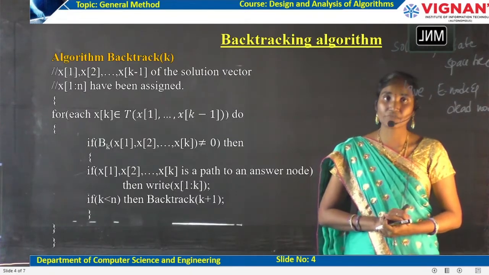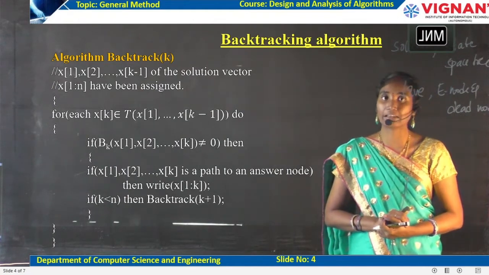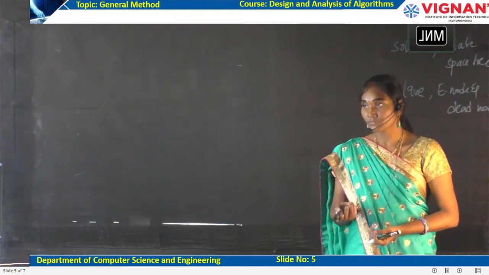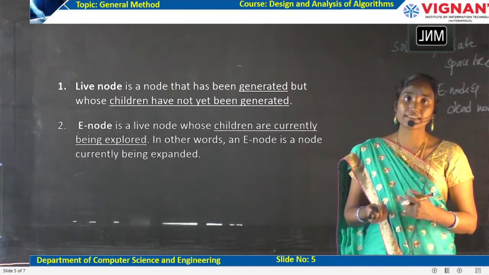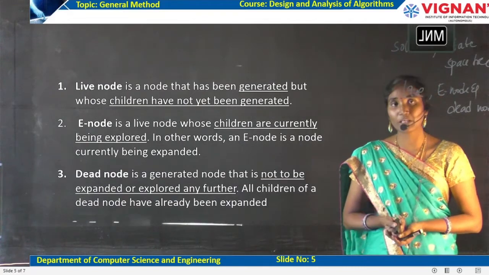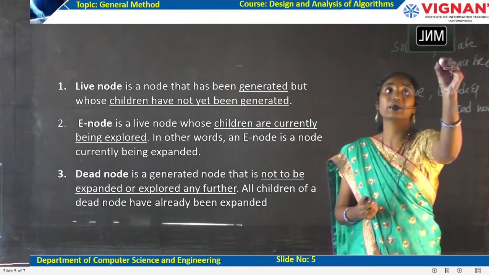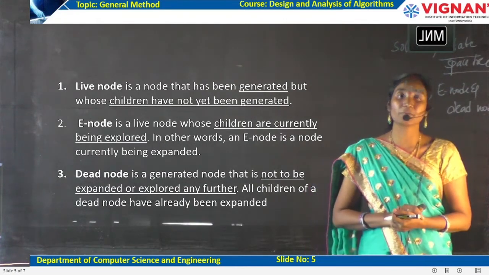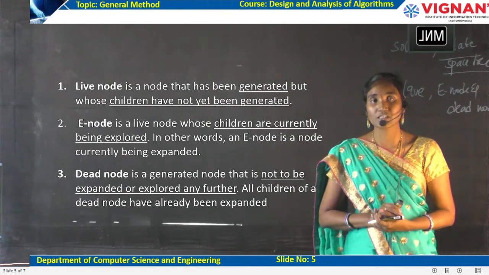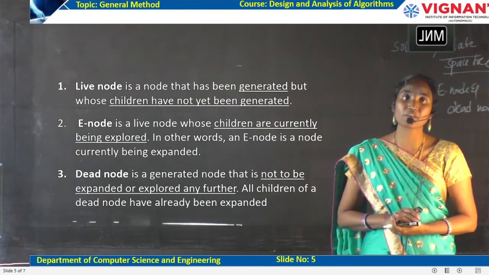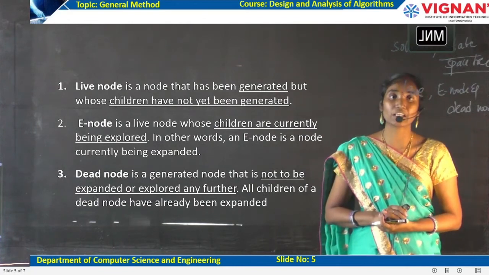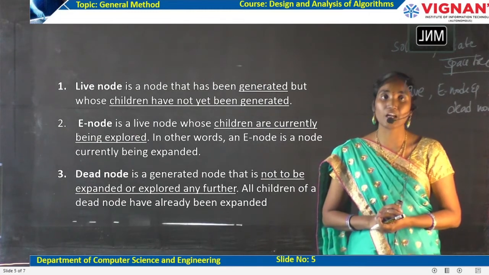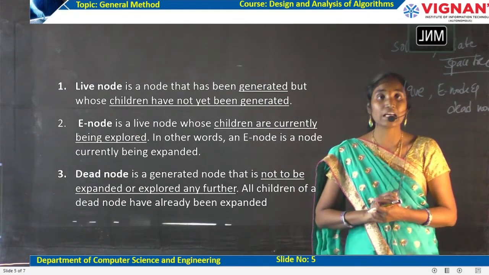Now we have seen the algorithm or control abstraction of backtracking. As I said earlier, the solution we depict with the help of a state space tree. As I'm dealing with trees, I'm using three different terms corresponding to nodes: live node, E-node and dead node. Live node means the node is generated and whose children have not been generated.